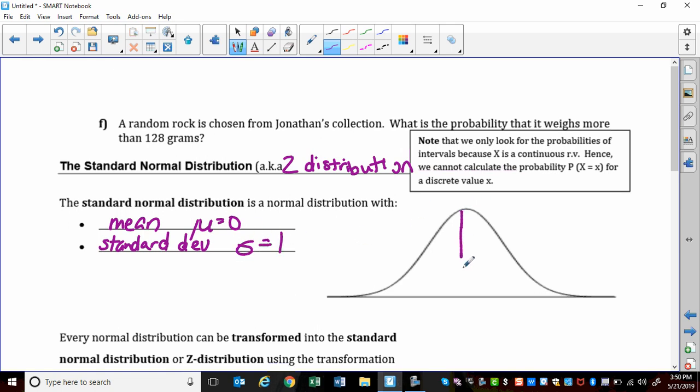So our mean is 0 and my standard deviation is 1. So we're going to go to the right. This is 0 plus 1, which is 1. 1 plus 1 is 2. And this is going to be negative 1 and negative 2.